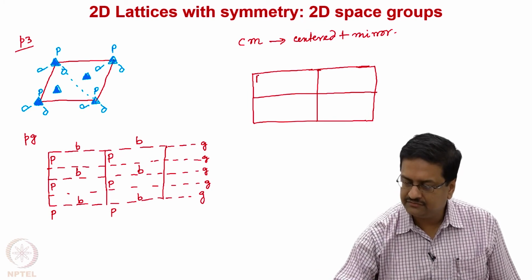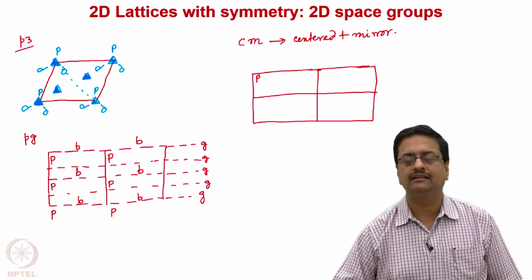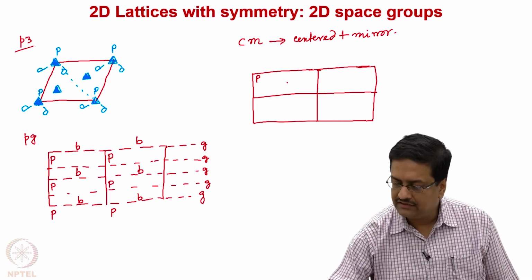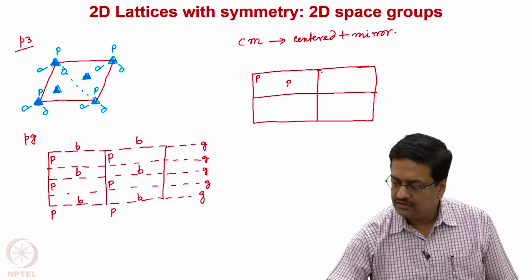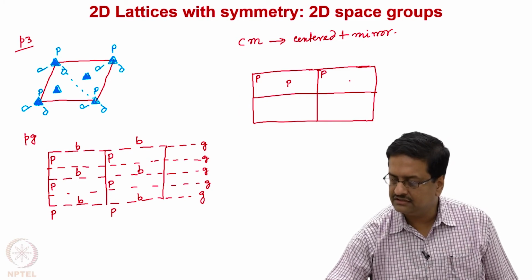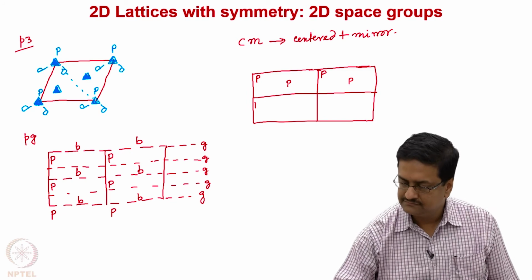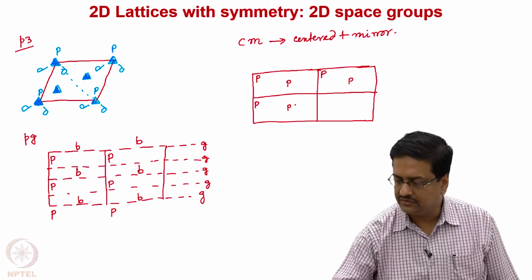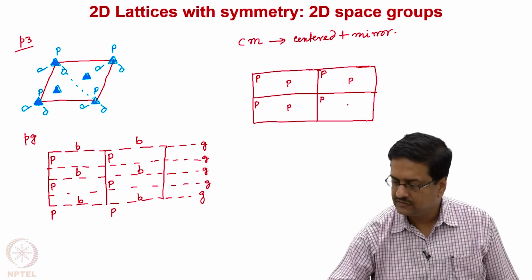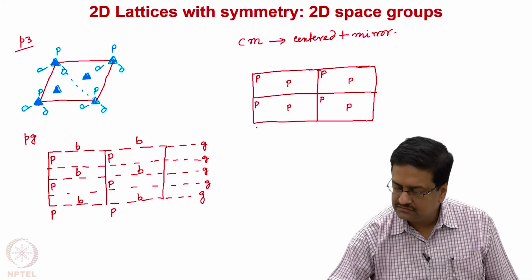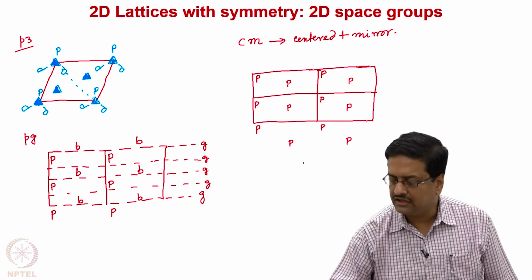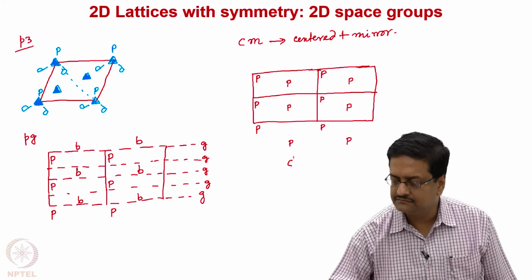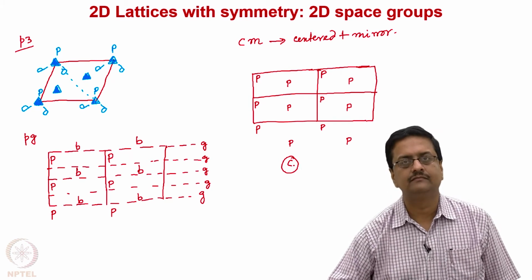A centered lattice means in addition to an atom at the corner, I should have another atom in the center of the face. So I should first draw the corresponding translation related objects in all the unit cells that we have drawn here. So these are just the corresponding translation related objects for a C-centered lattice.